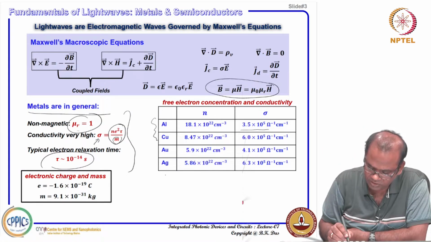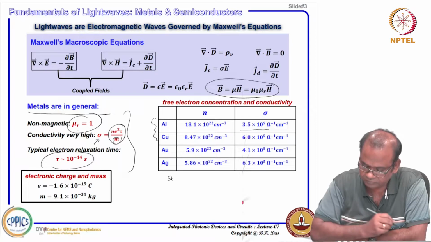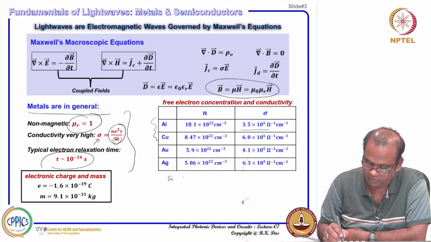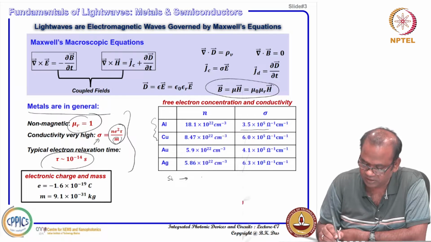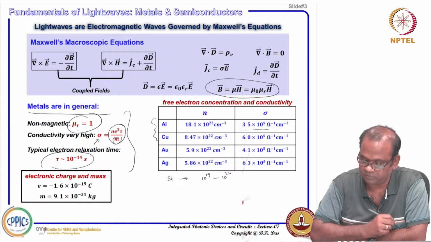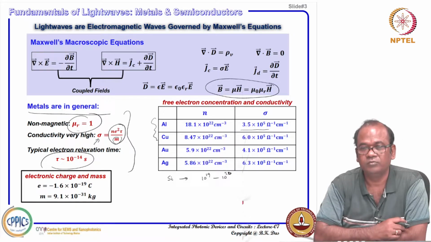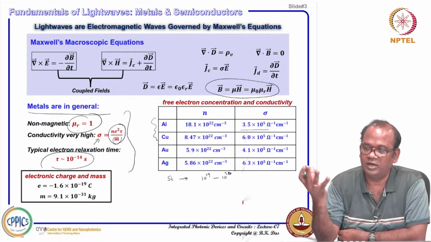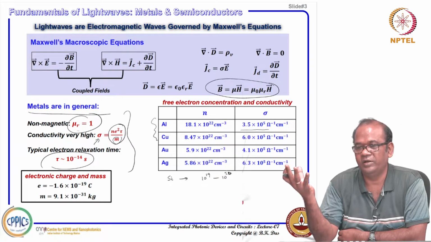And if you are considering silicon, normally in silicon you can go to a doping concentration on the order of 10 to the power 19 to 10 to the power 20 per centimeter cube. Normally in a silicon crystal, the atomic density is on the order of 10 to the power 22.